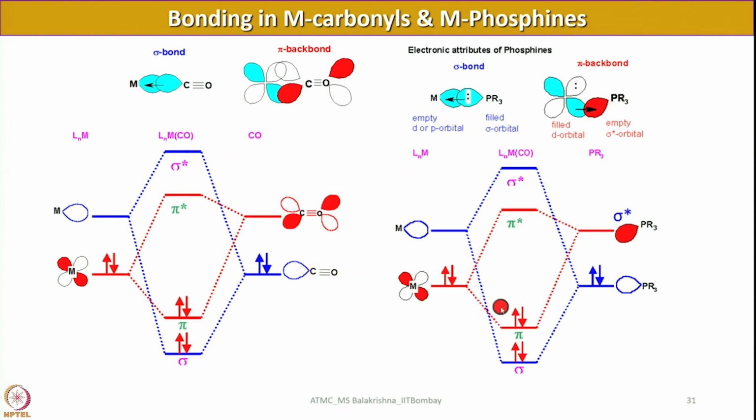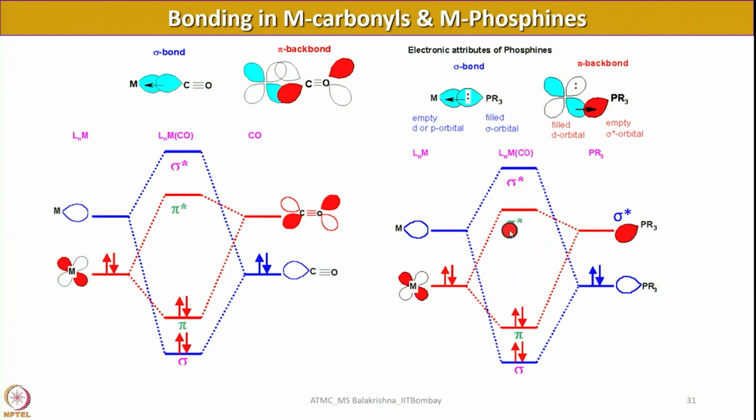This represents back donation. That means sigma star acts as an atomic orbital, and one of the metal T2G orbitals acts as an atomic orbital. They combine together to generate bonding and anti-bonding orbitals, then electrons are placed here.